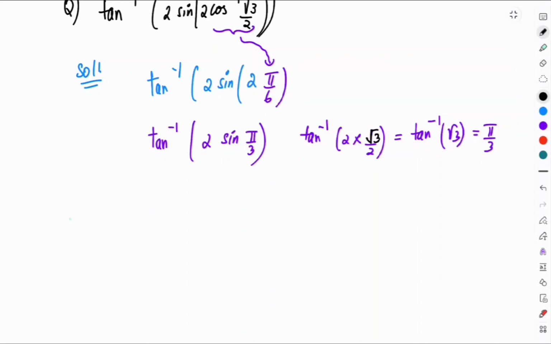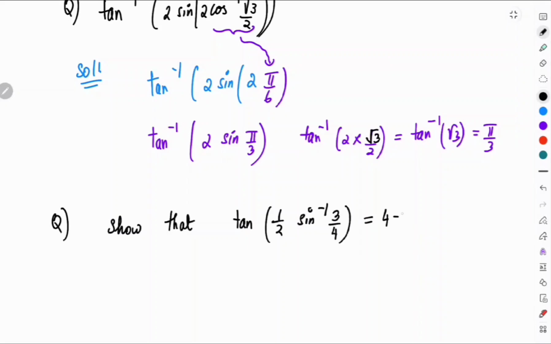And moving to the next question, we have: show that tan of (1/2) sin⁻¹(3/4) is equal to (4 − √7)/3.